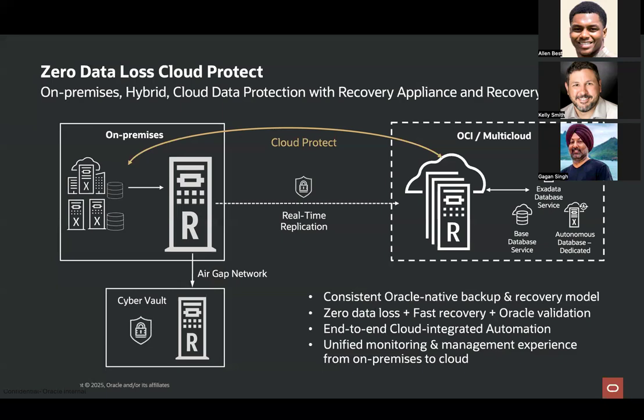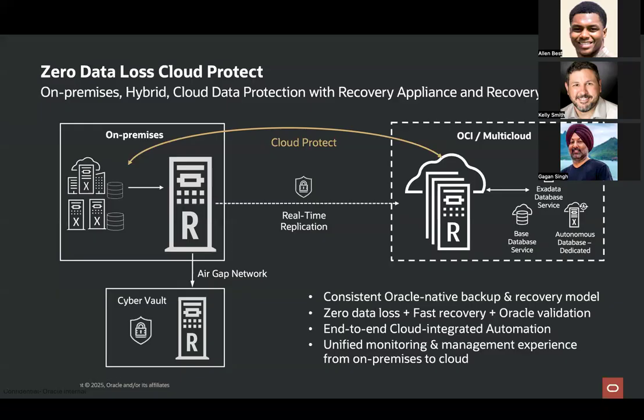And within all this, you get consistent Oracle native backup and recovery model, zero data loss, fast recovery, Oracle validation, end-to-end cloud integrated automation, and unified monitoring and management experiences from on-premise to cloud.